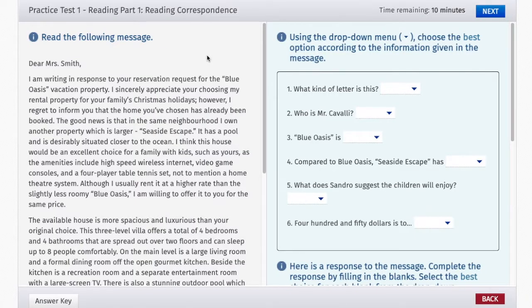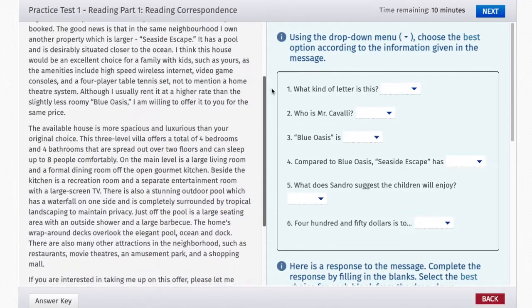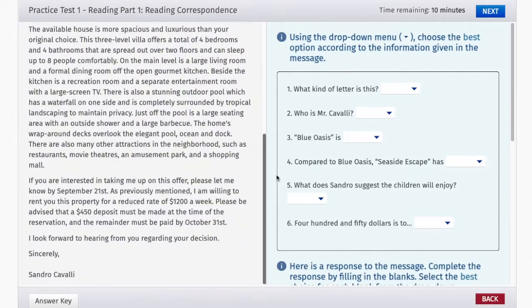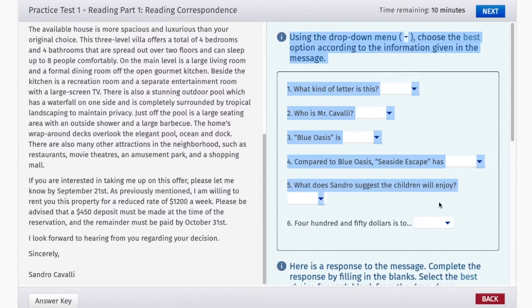So, to put our guide into practice, here we have a CELPIP practice test. On the left, we have our text, our email, and on the right, we have our answers. The guide we just read was for questions 1 to 6.